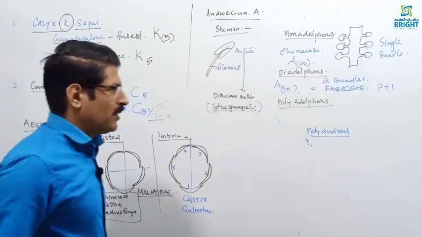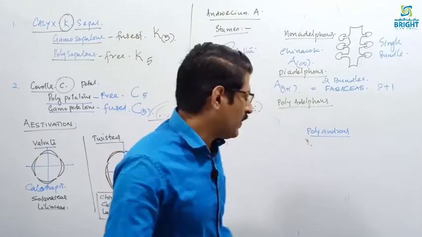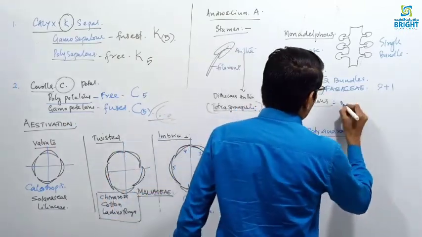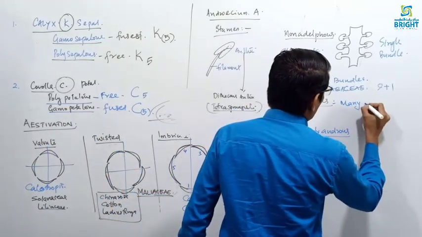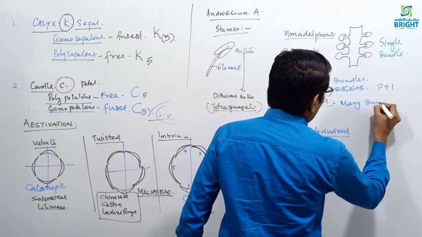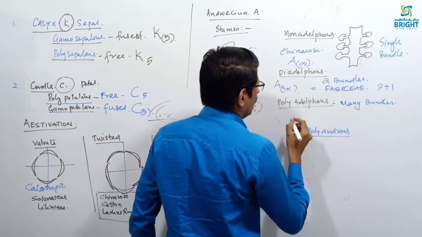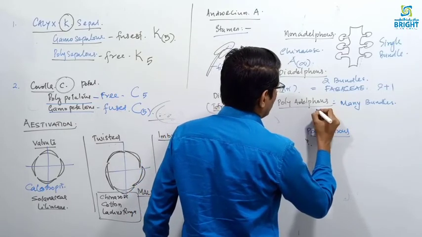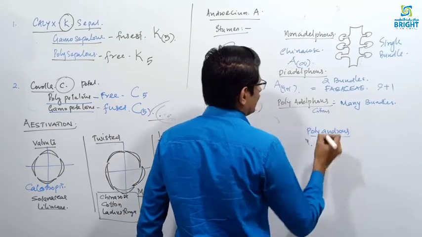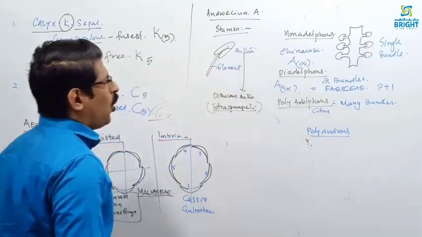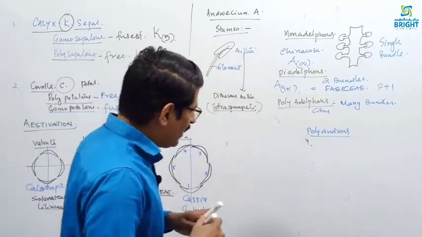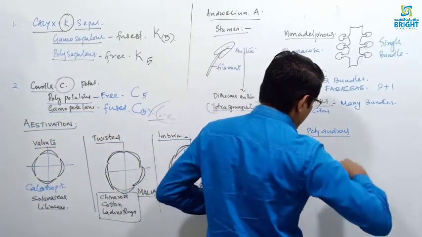And polyadelphous, that is, many bundles, more than 2 bundles are present, and it is present in citrus. And polyandrous means free stamens.